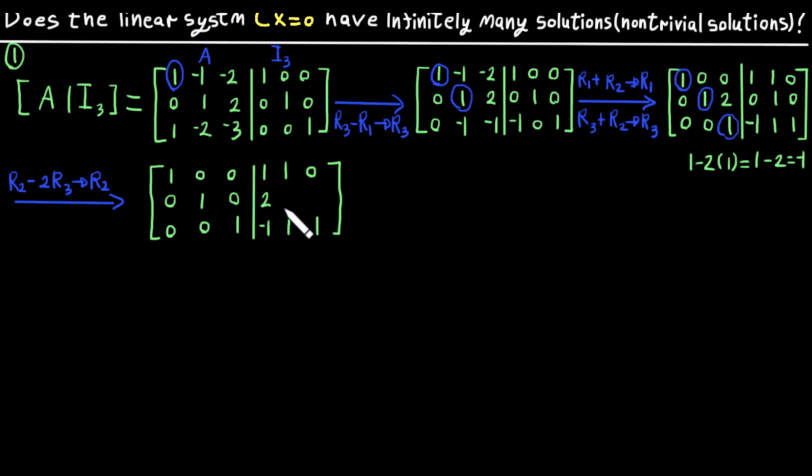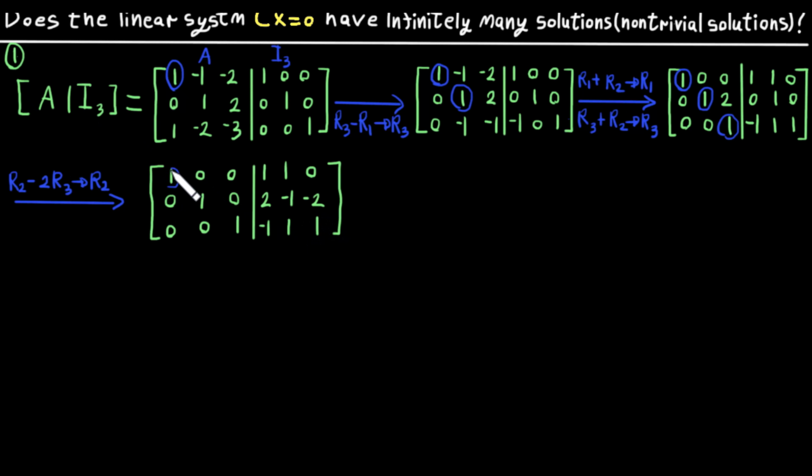So here I will write negative 1. 0 minus 2 multiplied by 1, 0 minus 2, which is negative 2. So here I will write negative 2.